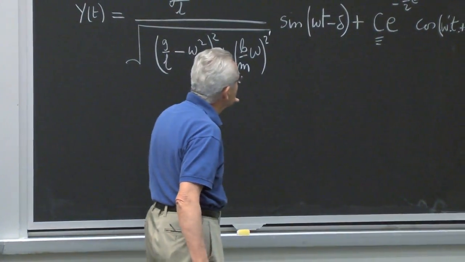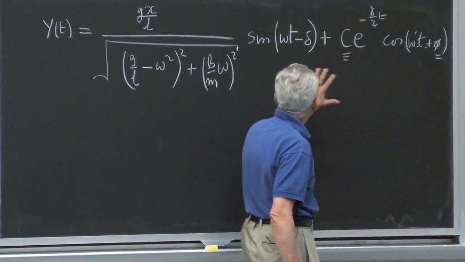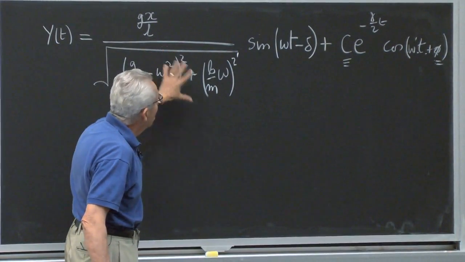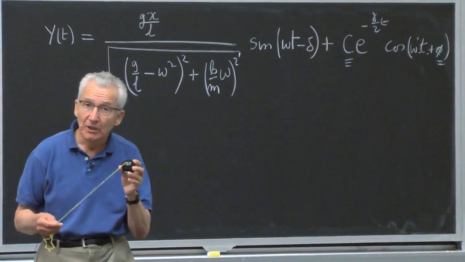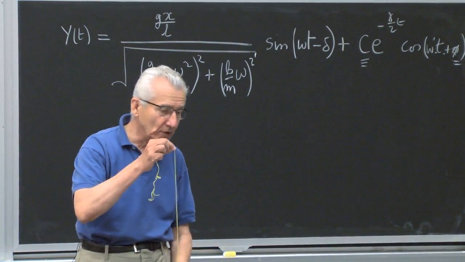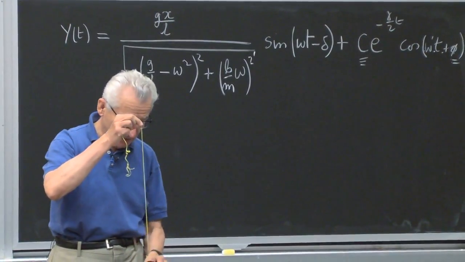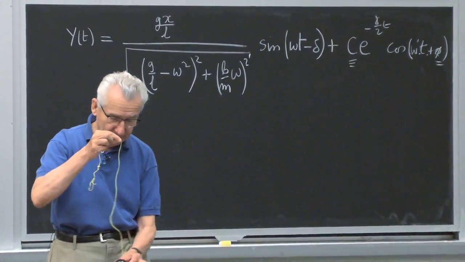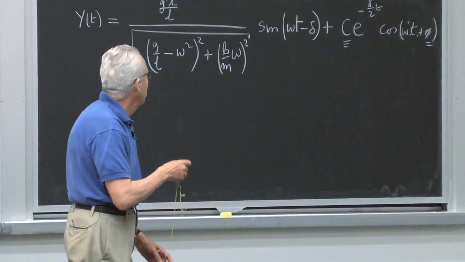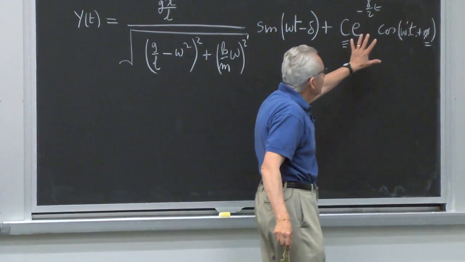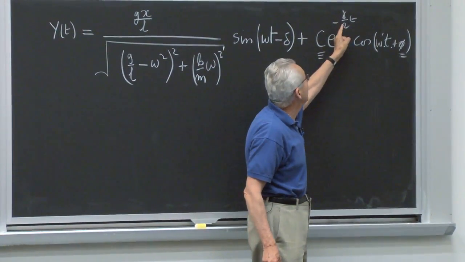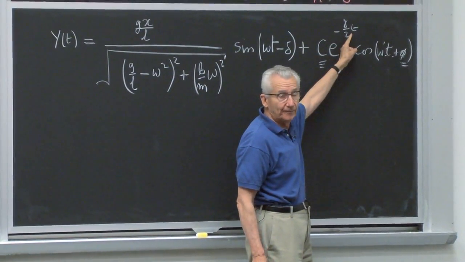What we see is that there are two terms here, as before. This is an oscillation of the same frequency as the driver. So in other words, that term describes something moving with the same frequency as my hand. This is a slightly different frequency, which is exponentially decaying.